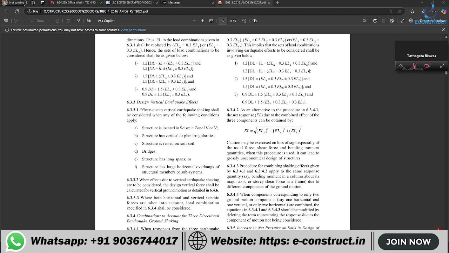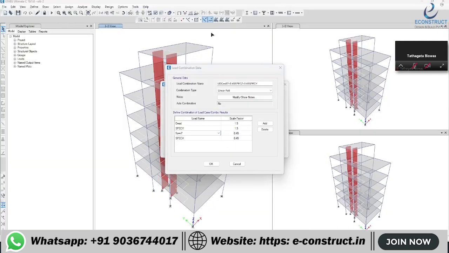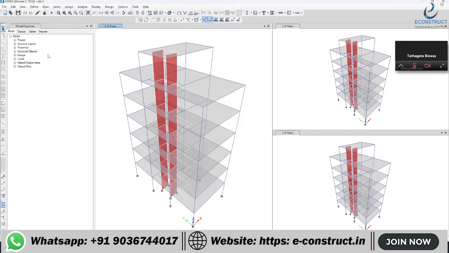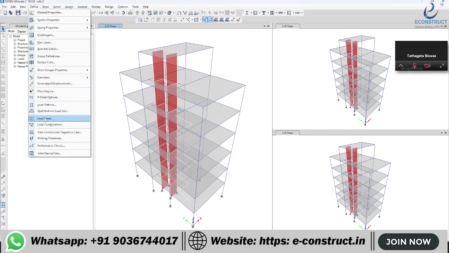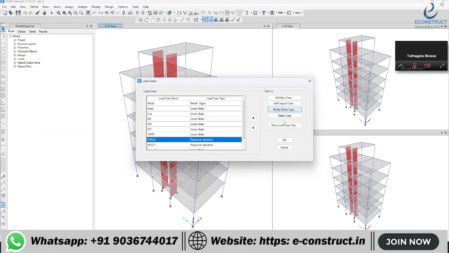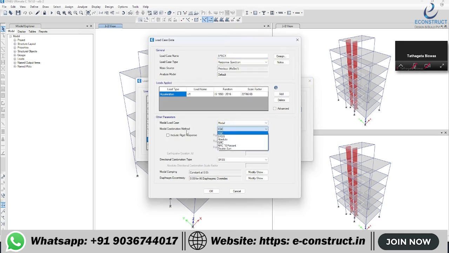It is already mentioned in the code and in the software itself. If you go to the load case, response spectrum, here there is a modal combination method. CQC and SRSS are the two we generally use; there are many others we generally do not use.